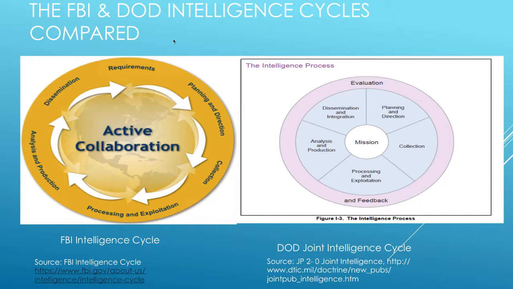On the left, you see the FBI's version of the intelligence cycle. On the right is the intelligence process as it appears in the joint publication JP 2-0.